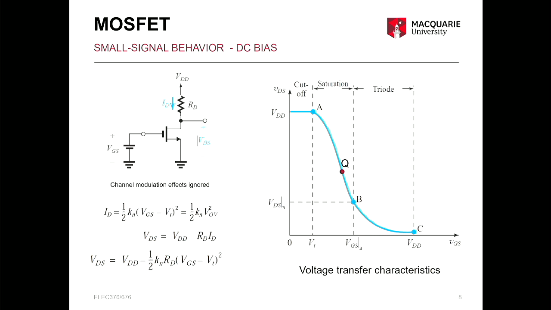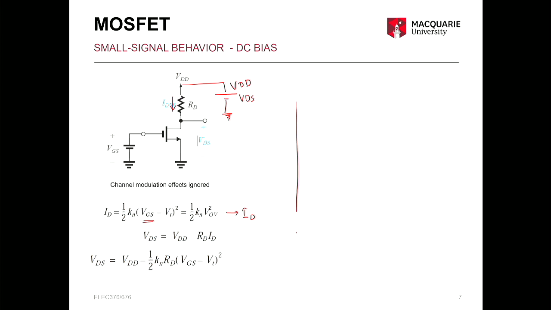So that is how the transfer characteristic looks like for a MOSFET. This is the input voltage and that is the output voltage. When the input voltage, VGS, is less than the threshold voltage, there is no ID flowing through the resistor RD.